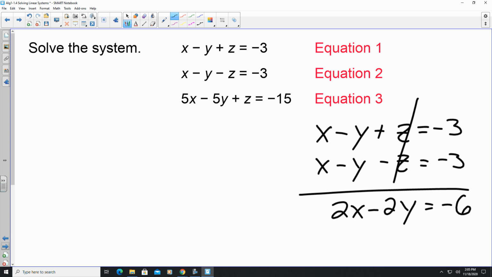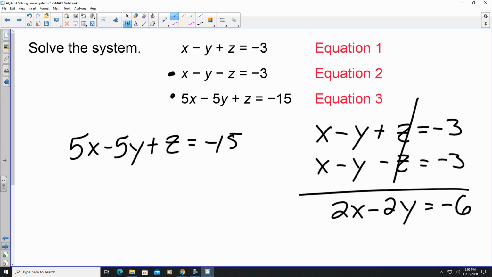So now here, since it doesn't matter, I'm going to pick these two as my values here for z to eliminate. Because I don't have to do anything again, this is going to be 5x minus 5y plus z is equal to negative 15.